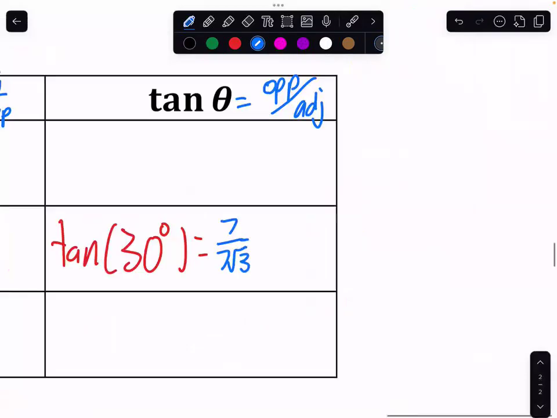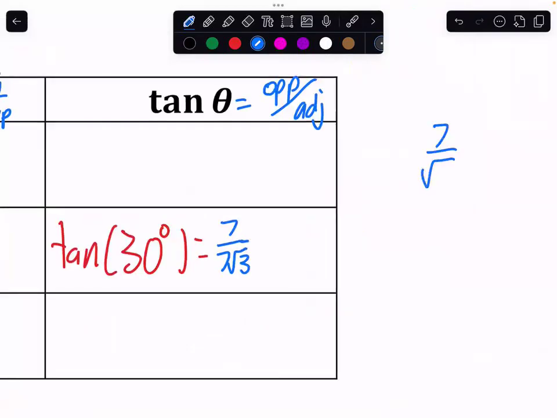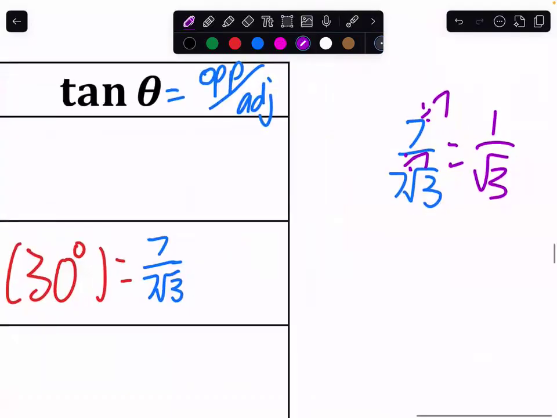Again, let's try to reduce this. We can divide both numerator and denominator by 7 to start. Again, you have to keep the 1 because it's in the numerator. Then the rationalization happens when you multiply by radical 3 over radical 3.